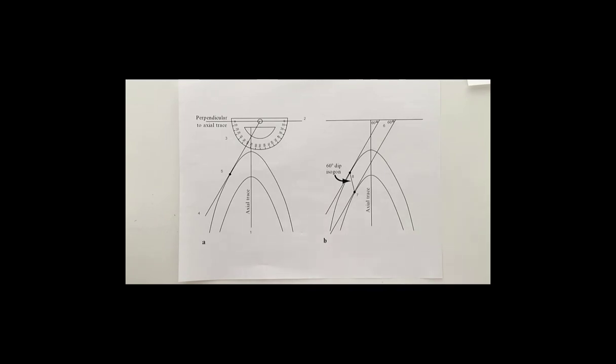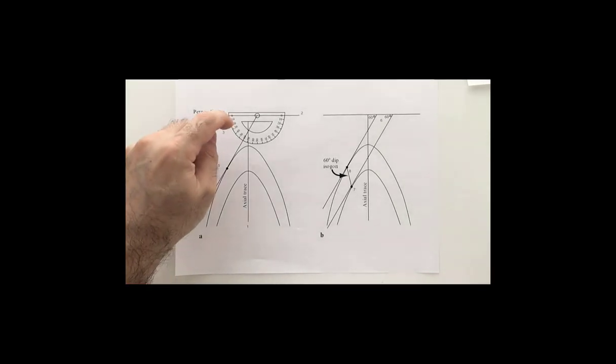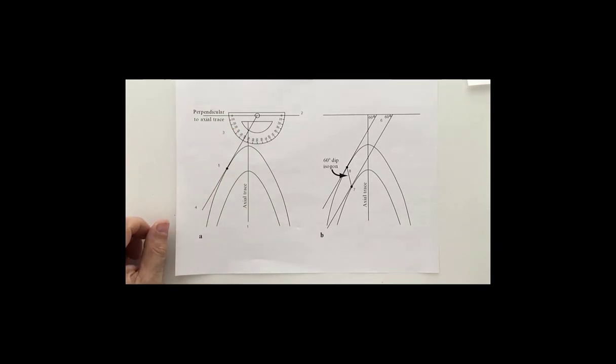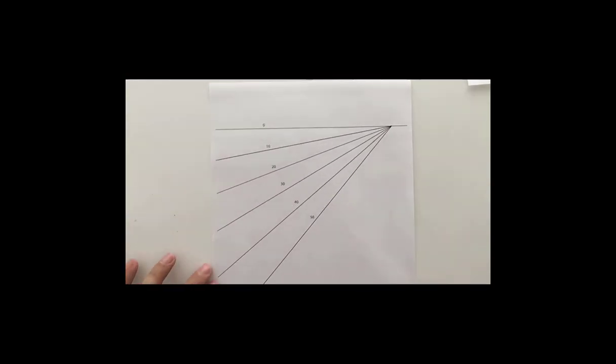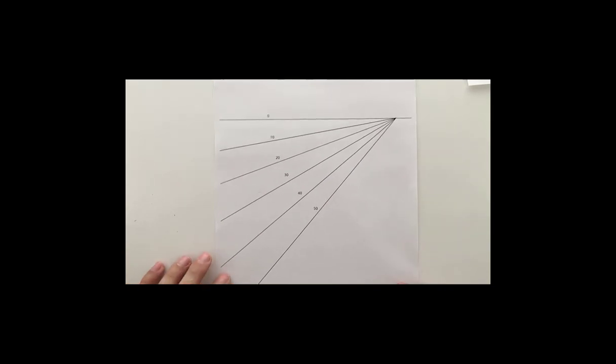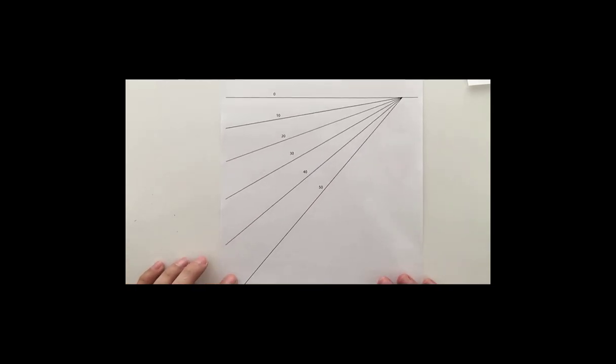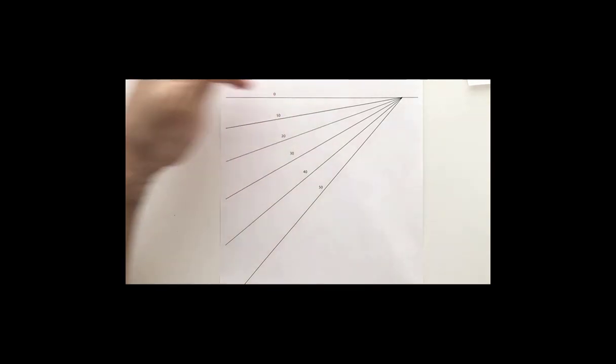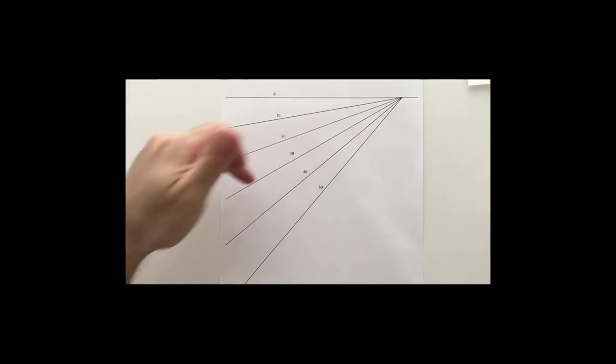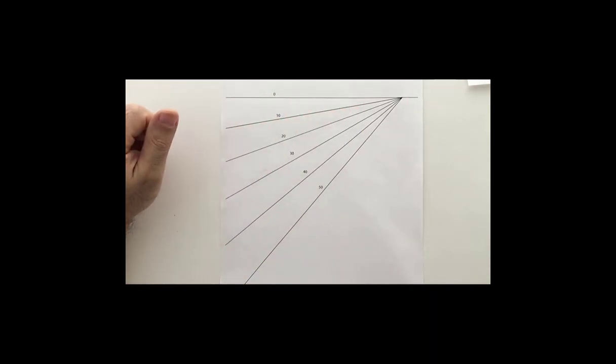I found an easy way to do that rather than using the protractor and drawing many lines. I produced a graph like this. There's a 0 line, 10 degrees, 20, 30, 40, and 50 degrees for this particular example.